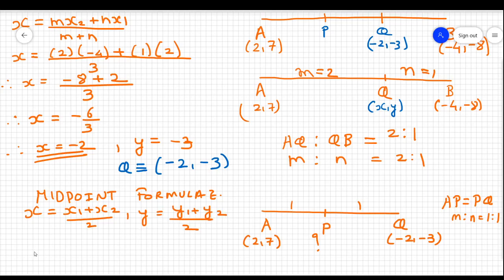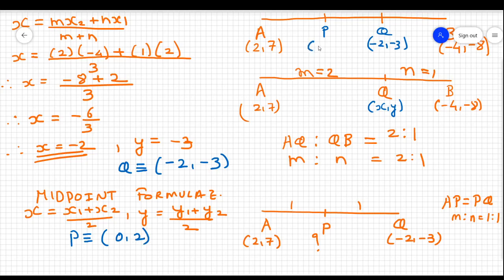Try to use that formula and you will get your P as (0, 2). You can do the calculation, you have done it earlier.